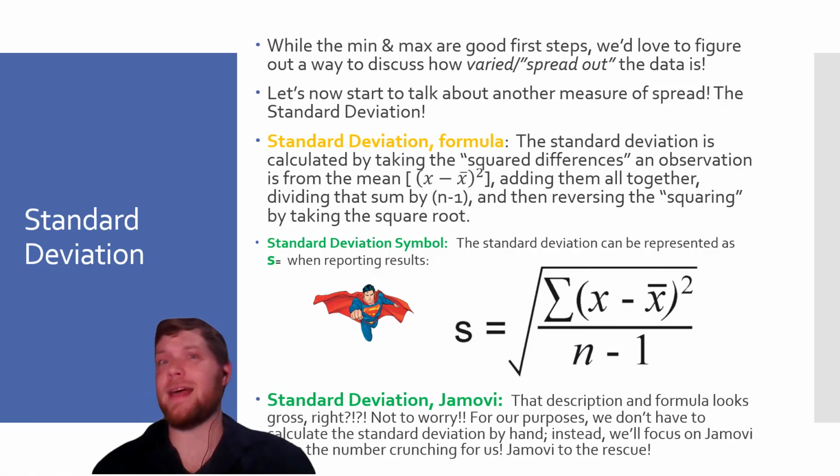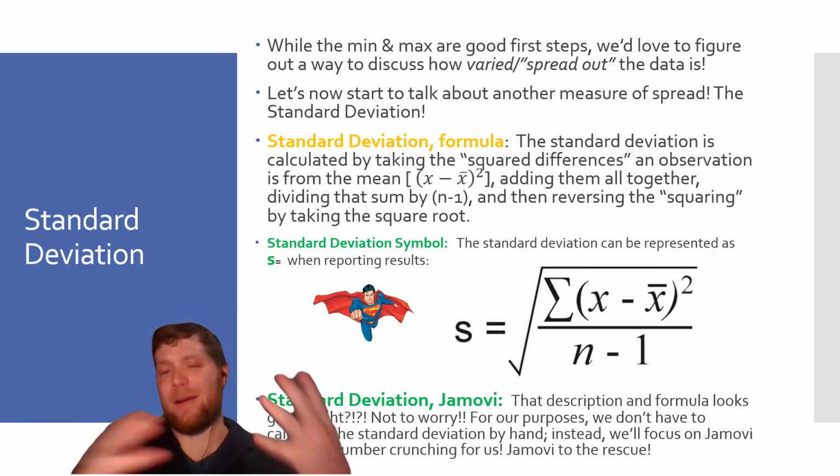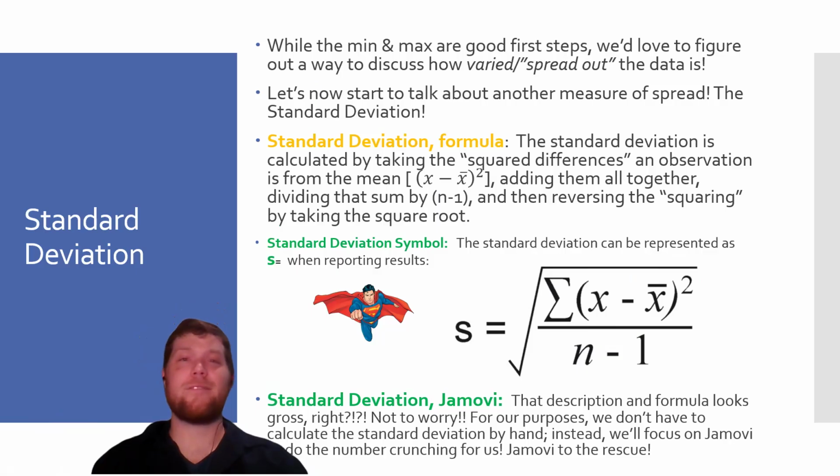It's one of the reasons why we like using really sophisticated packages: if you know how to use the commands, you can actually do a lot with it. Instead of having to use a calculator or do stuff by hand, I don't really care about those things, and neither do most people. There'll be a couple of comparisons we'll be working with, but for the most part, Jamovi's going to save us a lot of time, a lot of hassle, and probably a lot of obscenities.